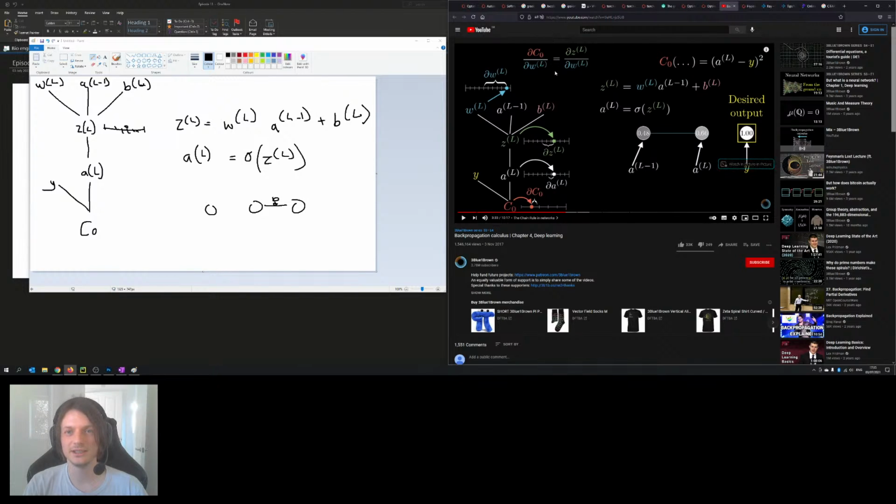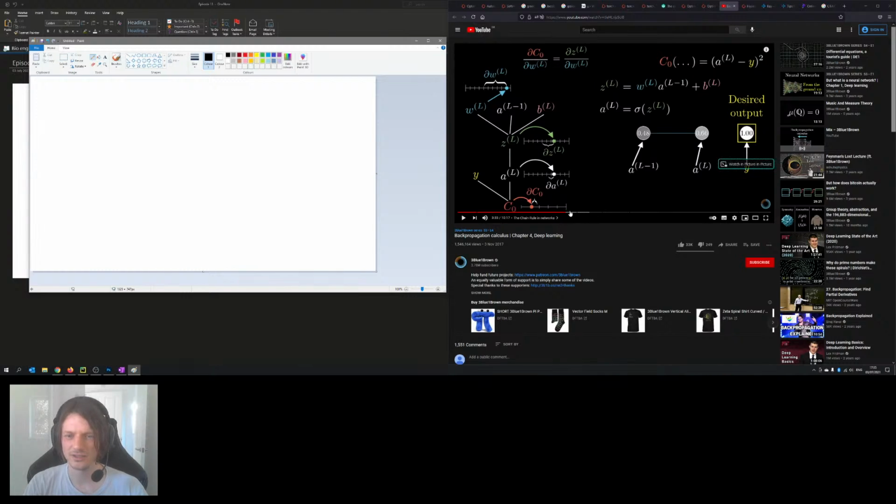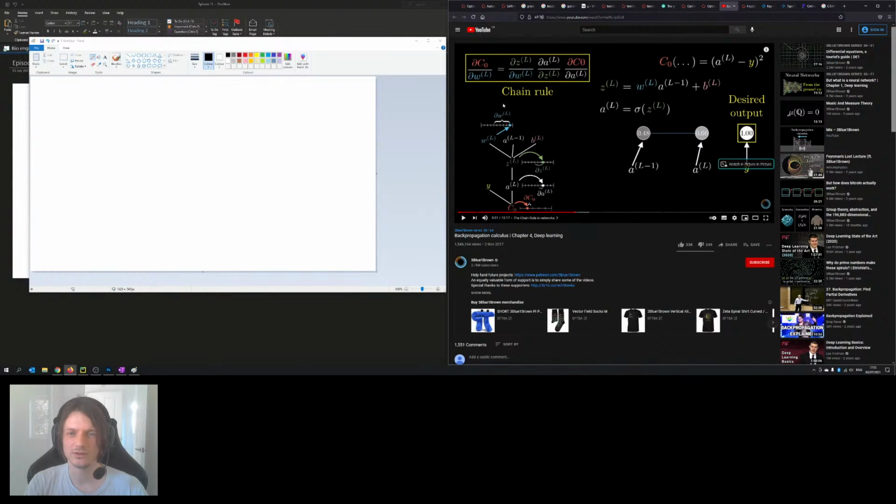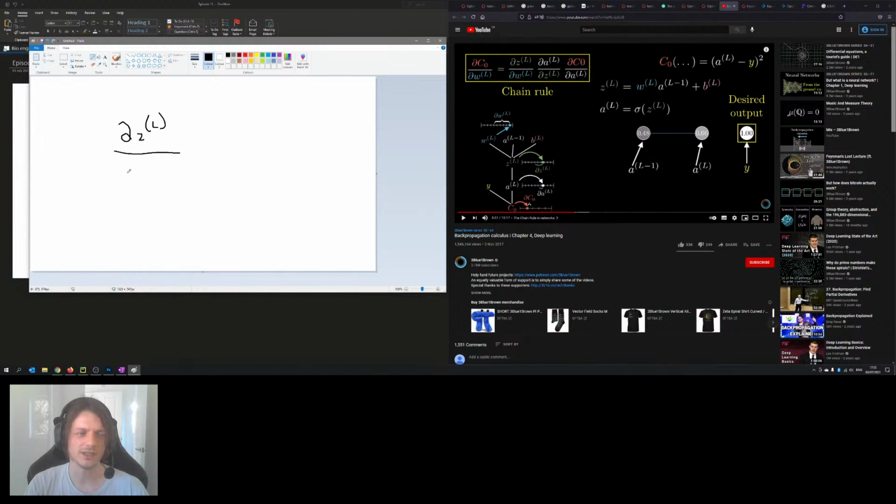And that differentiation, this is interesting, because he's saying it's equal to the ratio. So he's chaining every single one. This delta of the last cost function divided by the change in the weight of that layer.